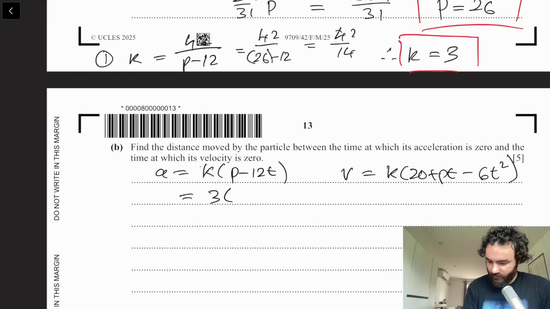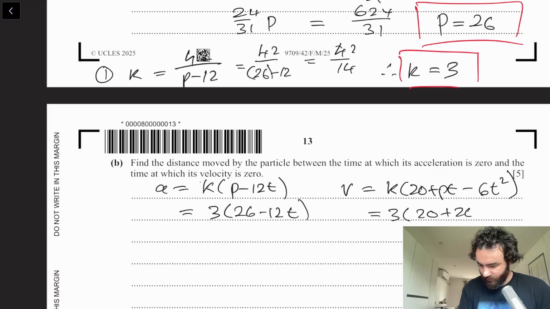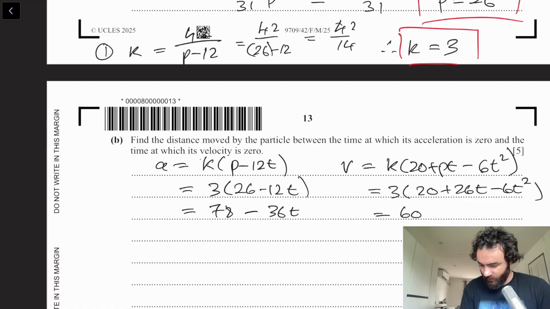So 3 times 26 minus 12t, and this thing equals 3 times 20 plus 26t minus 6t squared. So this equals 78 minus 36t, and this equals 60 plus 78t minus 18t squared.